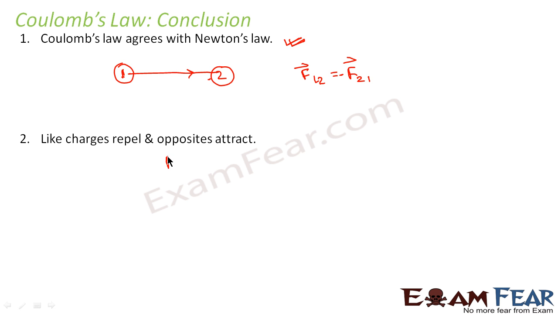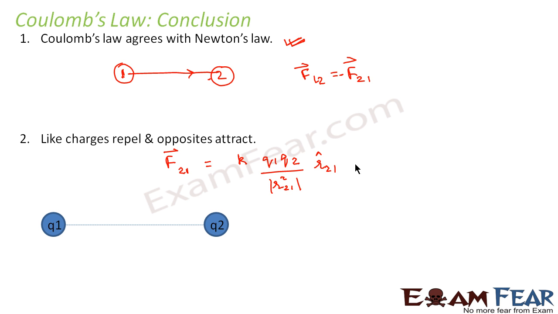According to Coulomb's law, in general we can write the force on any object 2 due to another charge 1 as K Q1 Q2 divided by R21 square, times the R21 unit vector, right? So let us suppose we have two charges Q1 and Q2 of the same nature. That means both are positive. In that case, what happens? If I talk about the force on 2 due to 1, this is my 2 and this is 1.